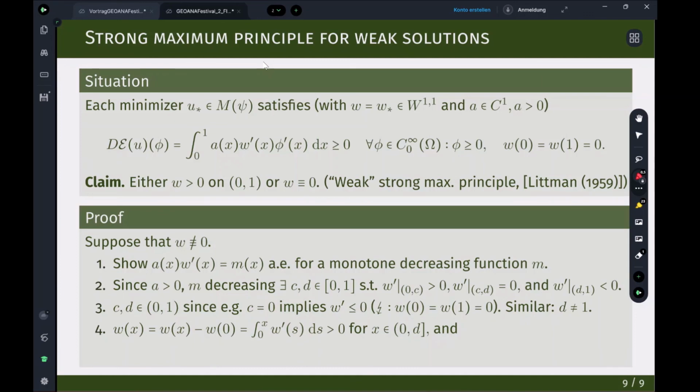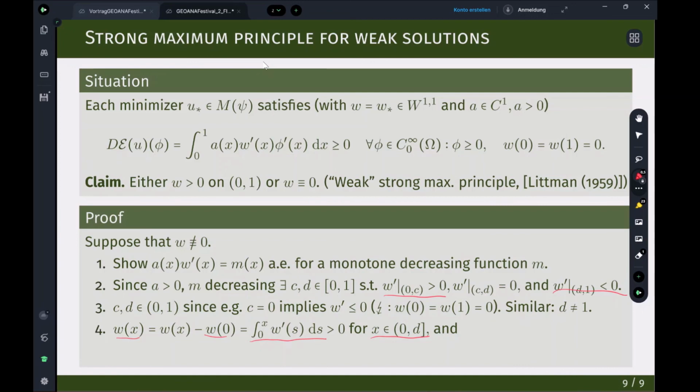Now what we know is basically that this positivity around 0 happens, and this strict negativity happens around 1. And then we can use the fundamental theorem of calculus, basically. If we integrate, say between 0 and D, then W is just the integral, since W of 0 is 0, from 0 to x over W prime.